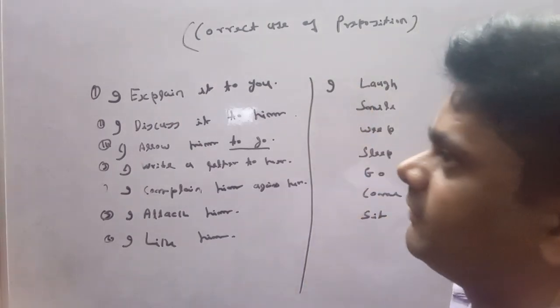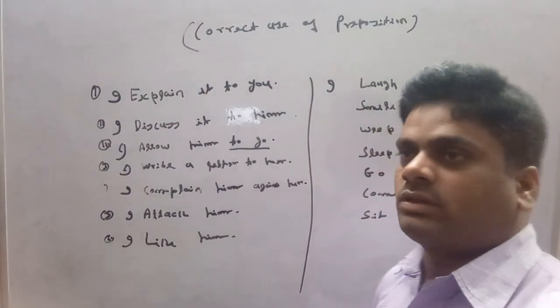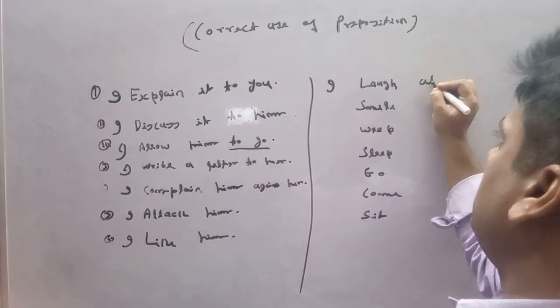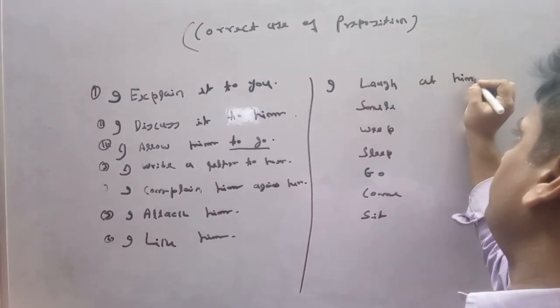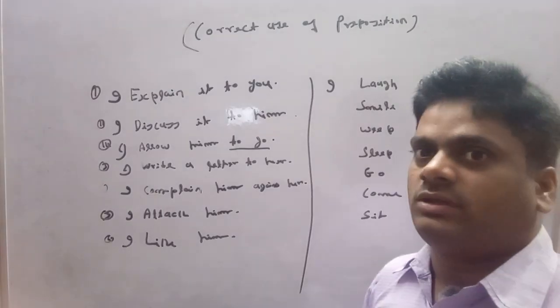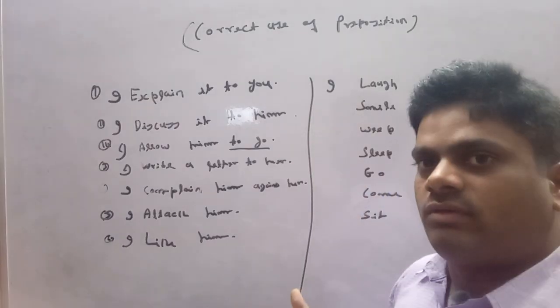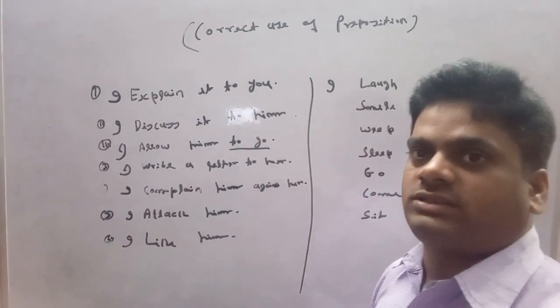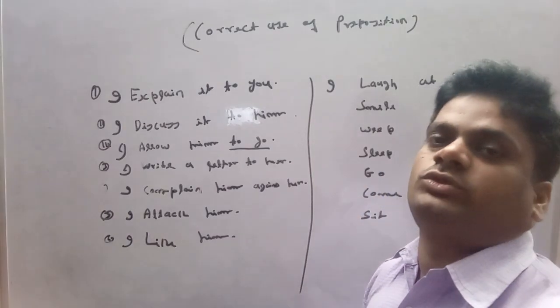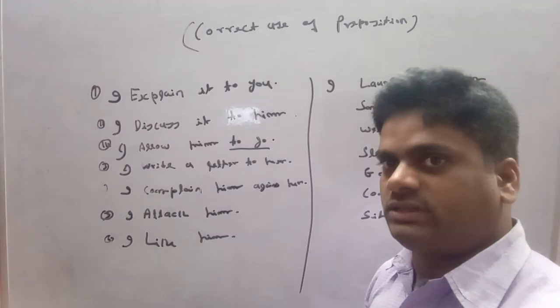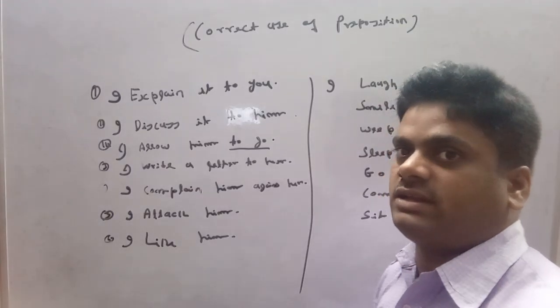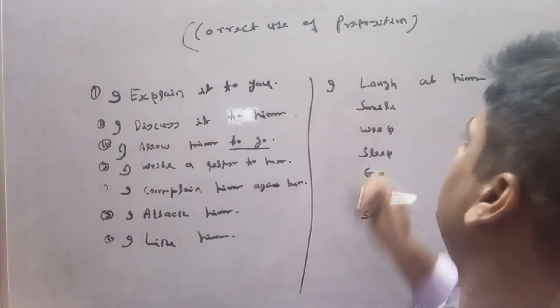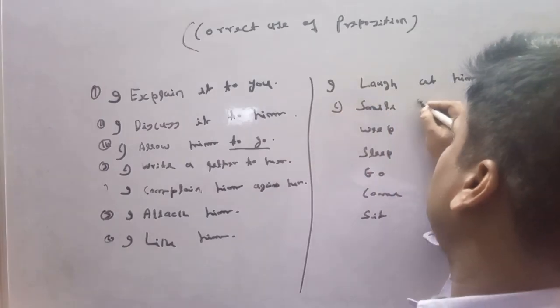I laugh at him. I laugh. Laugh is an intransitive verb and intransitive verbs do not require any type of object in the sentence to express their meaning clearly. I smile. I smile at him.